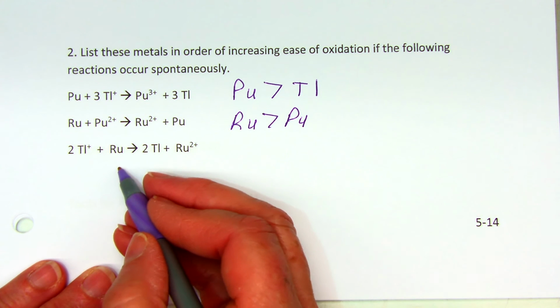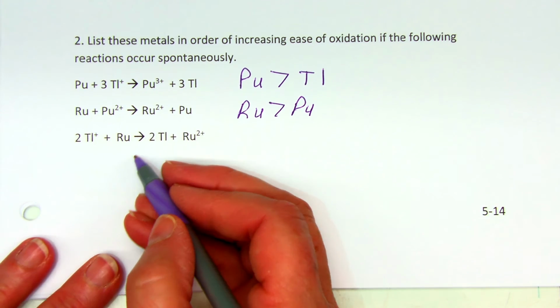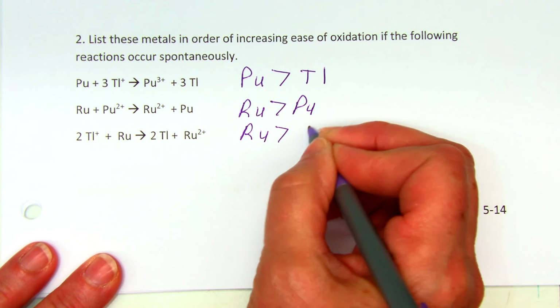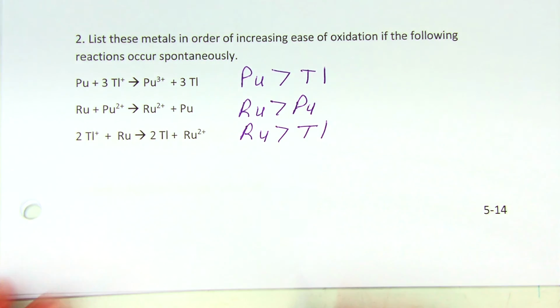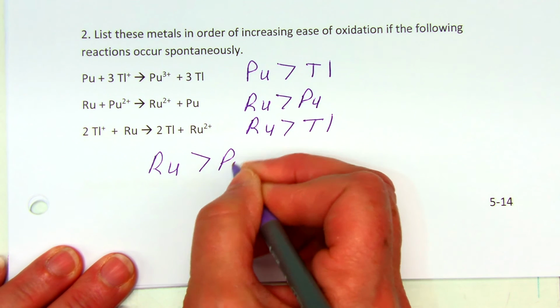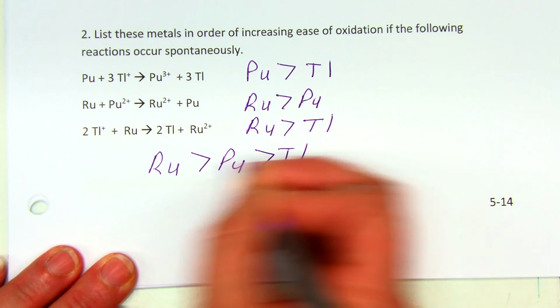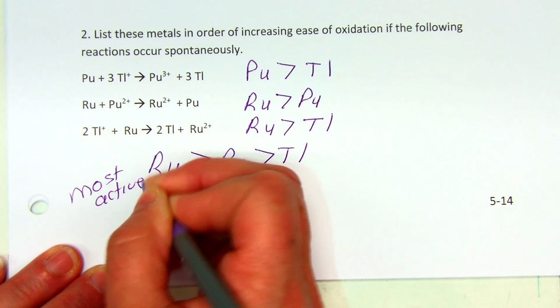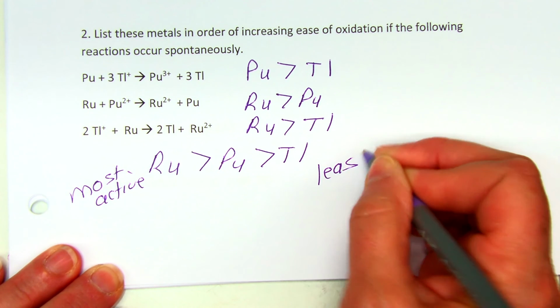It's flipped around, right? So RU is more active than TL. So how do those three pieces of information all go together into one? So this is the most active, and this is the least active.